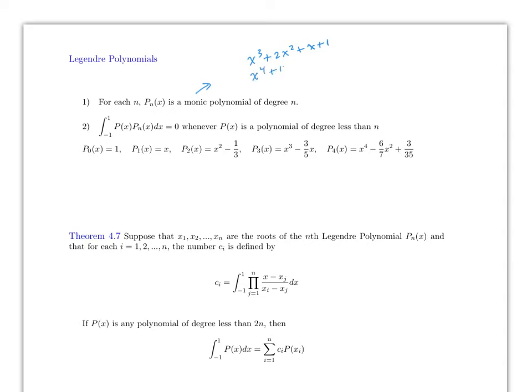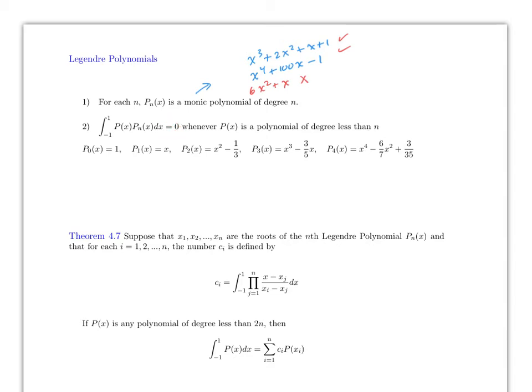x to the 4 plus 100x minus 1 is also a monic polynomial, but 6x squared plus x is not a monic polynomial. Okay? And second, it has the property that whenever you integrate p of x times the Legendre polynomial, as long as p(x) is a polynomial of degree less than n, this will be equal to 0.